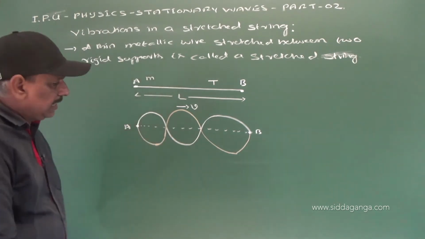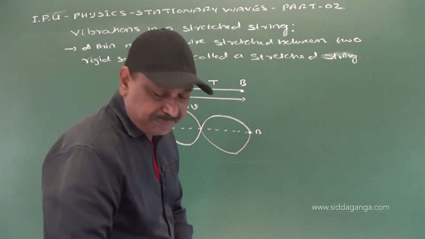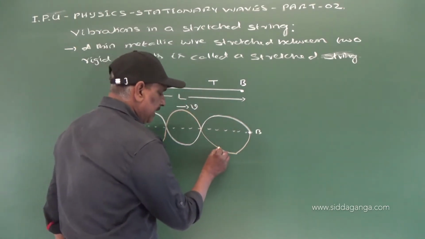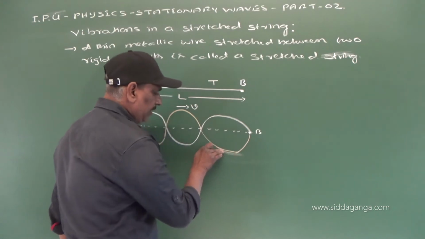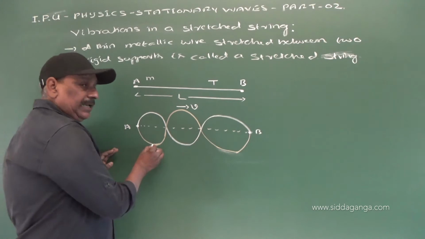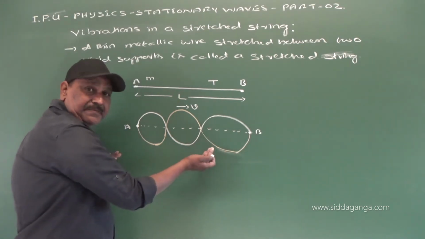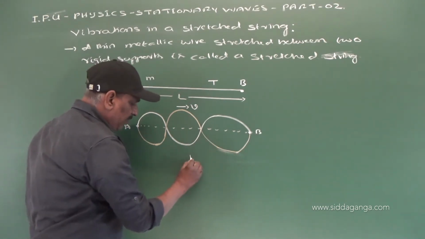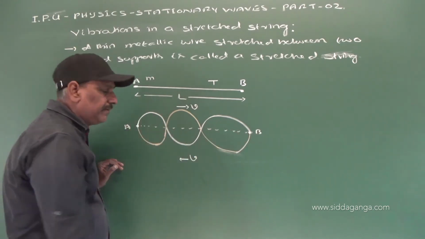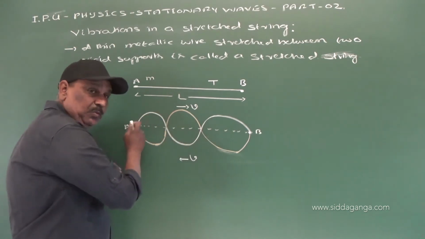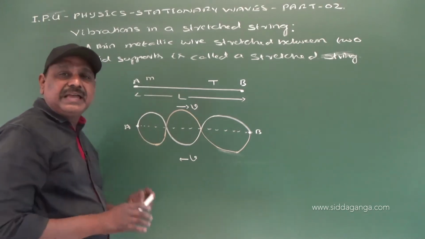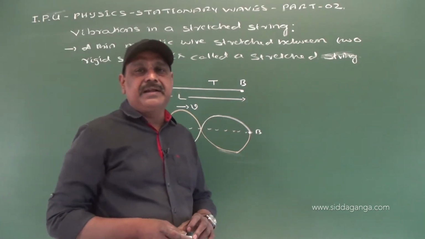Generally, the size will be the same. Now, the reflected wave travels with the same velocity v from B to A. It superposes on the direct wave, forming a stationary wave.